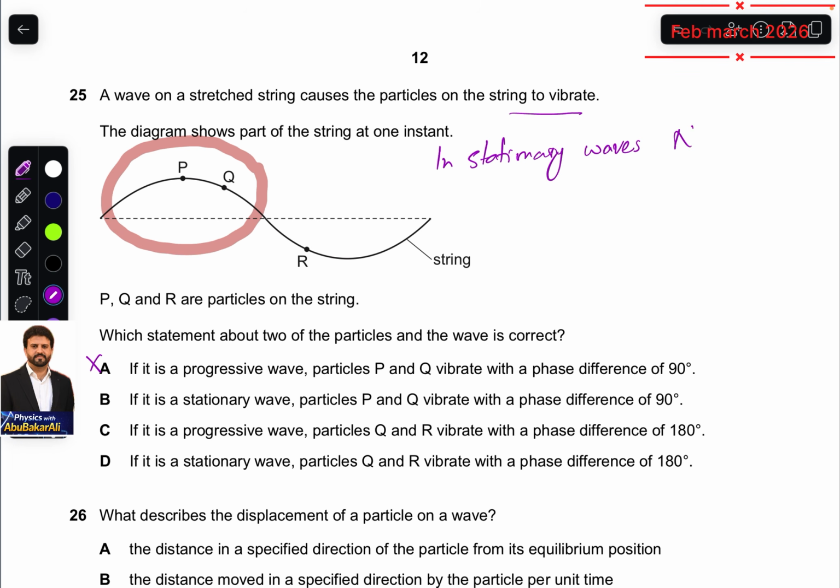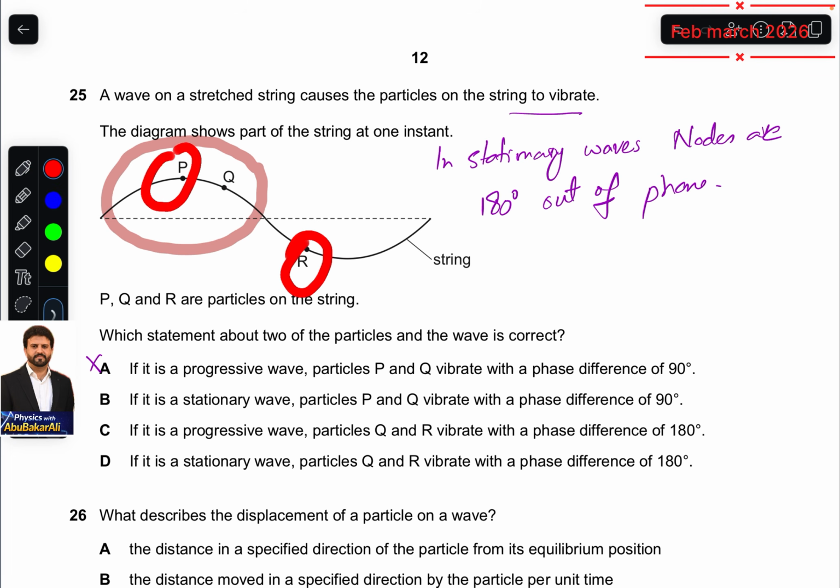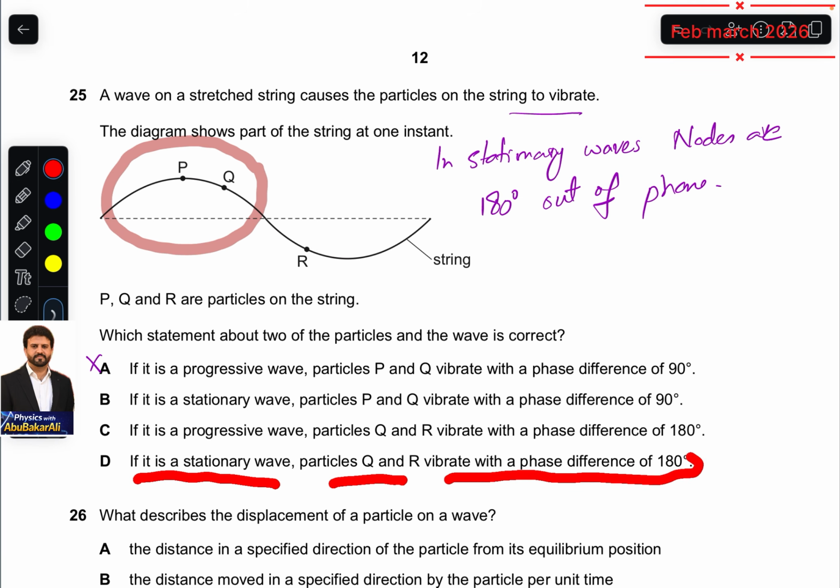Particles on either side of a node are 180 degrees out of phase. There is no other option. So you can say P and R are 180 degrees out of phase. Okay, P and Q are in phase. So if a stationary wave, particles P and R vibrate with a phase difference, okay, this is the exact thing.